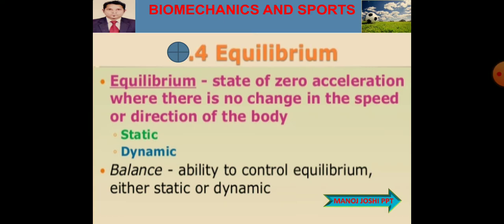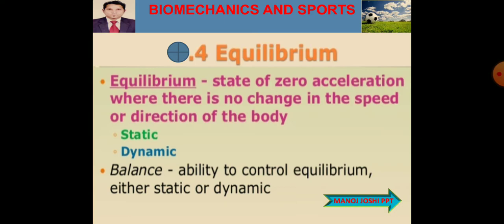We can say equilibrium is the stage where we balance the body weight on both sides of our body. It is static or dynamic. Balance is the ability to control equilibrium, either static or dynamic. So balance is the ability to control our body and balance the body weight.